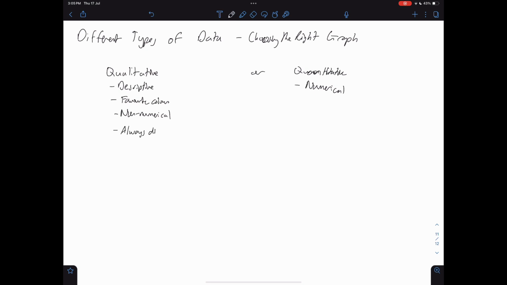And qualitative data is always discrete and ungrouped. Ungrouped means not split up into numerical intervals. Because qualitative data doesn't have numbers in it, it can't be split up into numerical intervals, so it cannot be grouped.